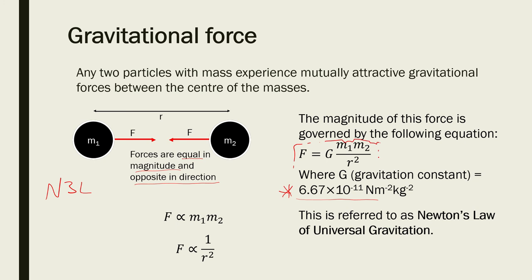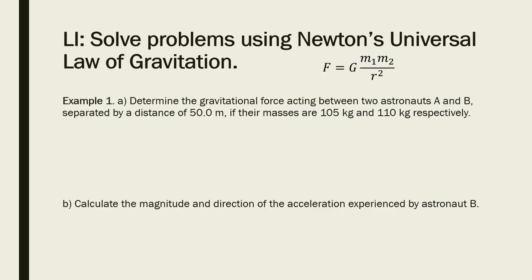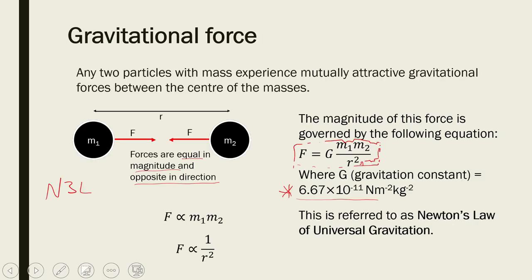And as I explained previously, the gravitational force between those two masses is directly proportional to the product of the two masses, M1 and M2, and inversely proportional to the distance between the center of the masses squared. So the further apart the masses are, the more the magnitude of the force between them drops off, because it's multiplied by 1 over r squared, where r is in meters and masses are in kilograms.